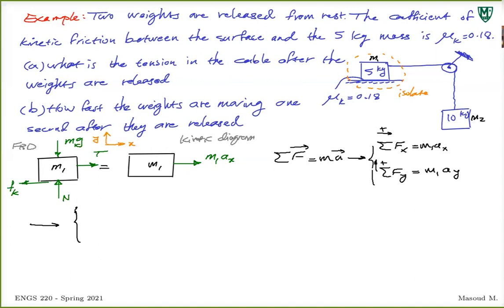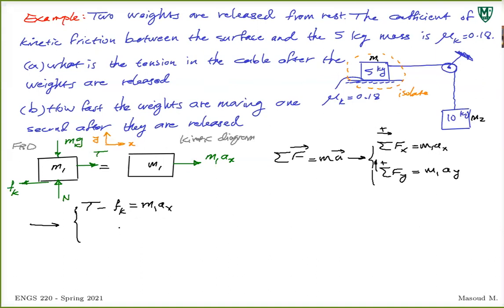So we have T in the positive direction, minus, then we have FK in negative direction. We can write FK is equal to, there's nothing on the free body diagram on the left side. We come to the right side. The right side, we have m1 ax.